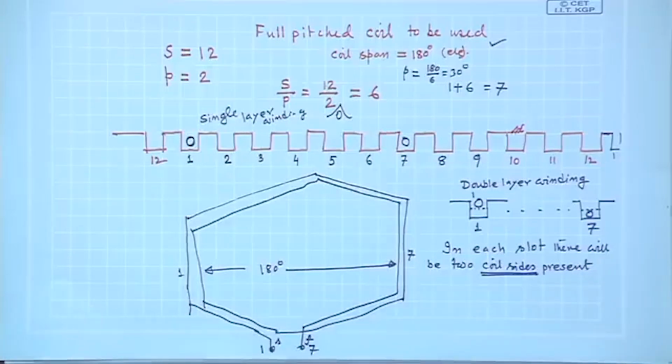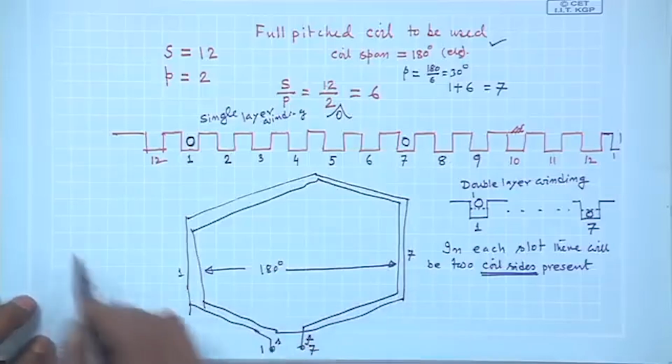Therefore, if I know the total number of slots, how many total coils can it accommodate? Each coil requires 2 coil sides.